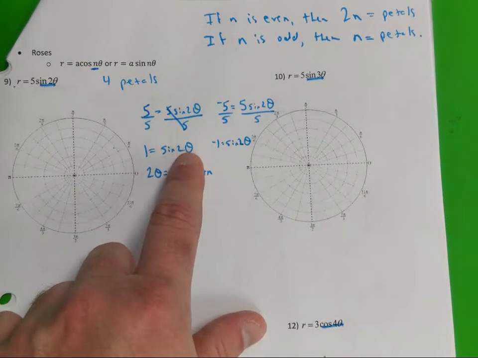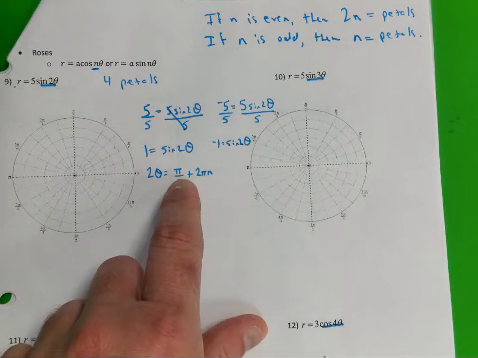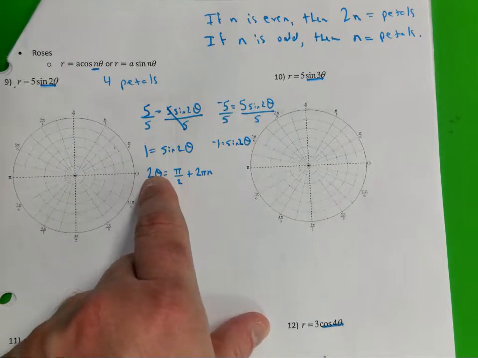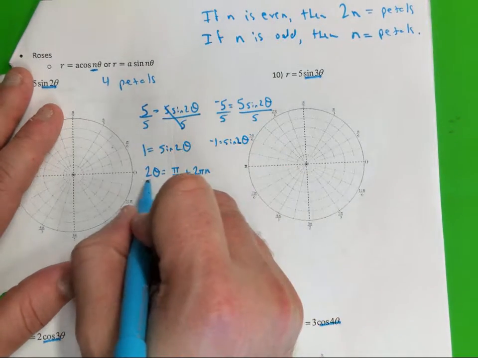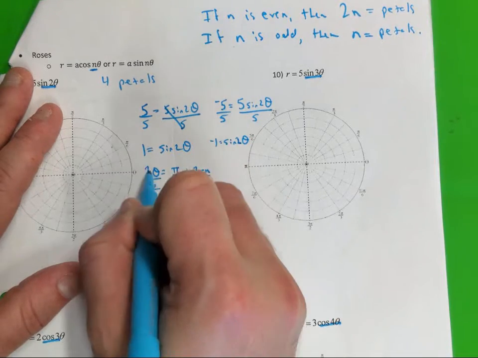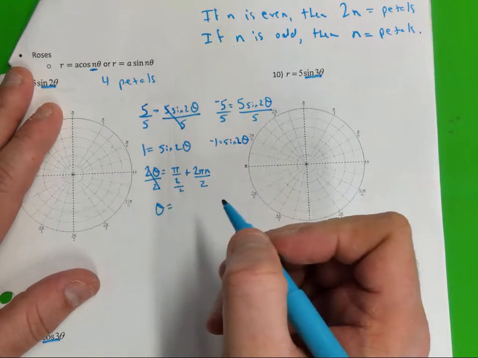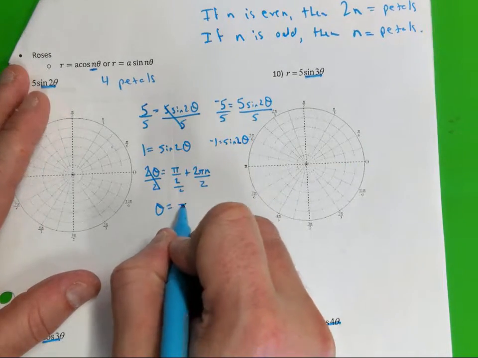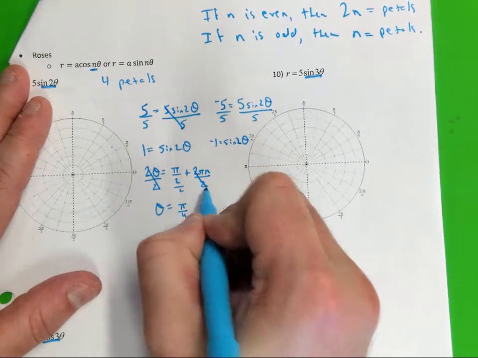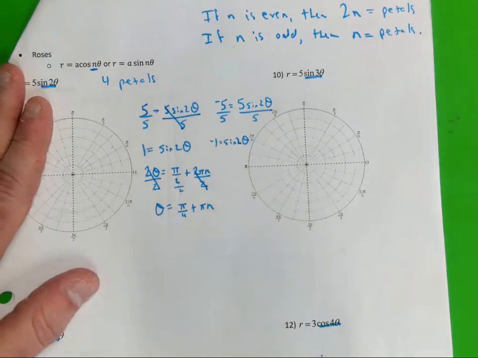Because what sine value gives you 1? Pi over 2. Now how do I get rid of theta? Divide everything by 2. And when I divide this by 2, does it affect the numerator or the denominator? So that's pi over 4 plus pi n.